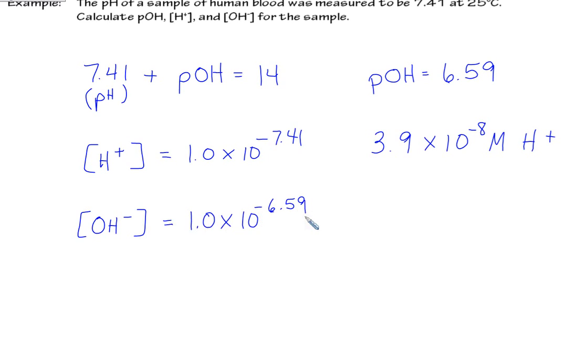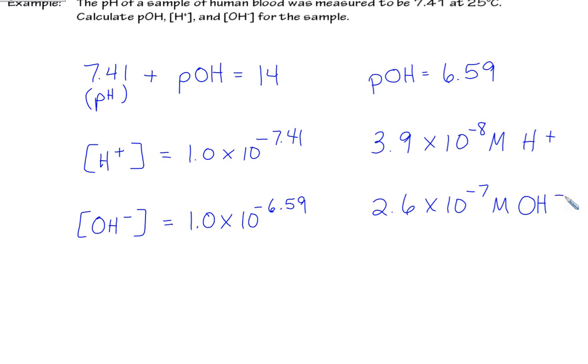We could plug that in our calculator and simplify it then. How about 2.6 times 10 to the negative 7 molar hydroxide. So you could do the same thing. Use your pOH, the opposite log of the hydroxide concentration.